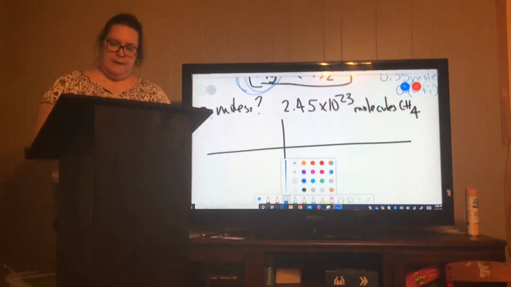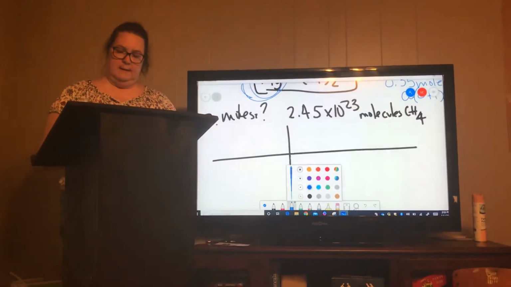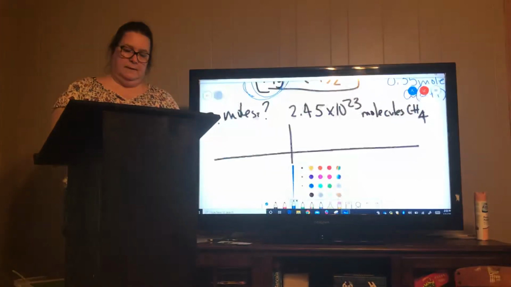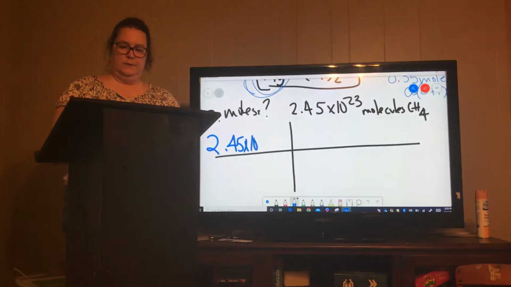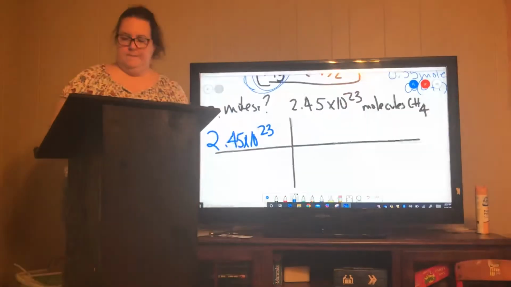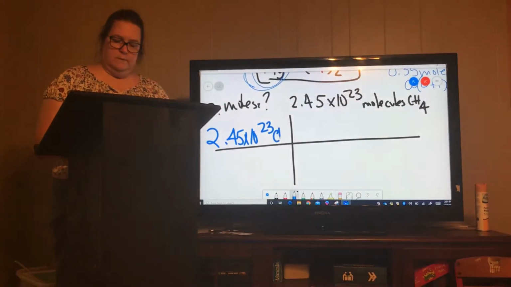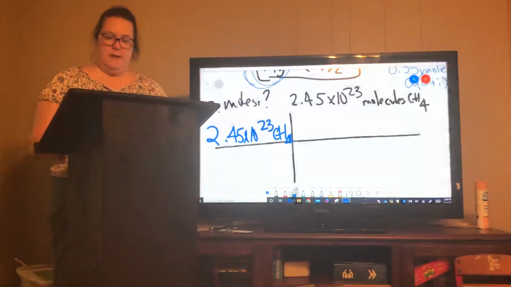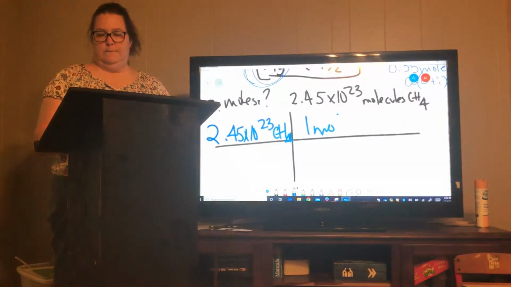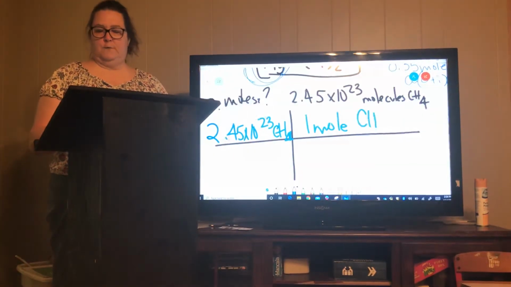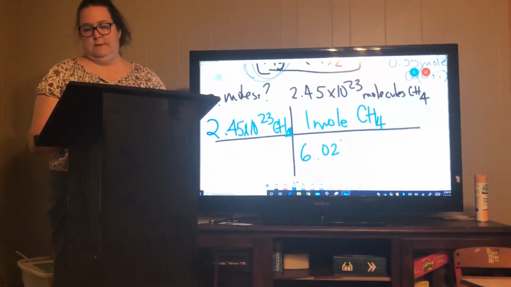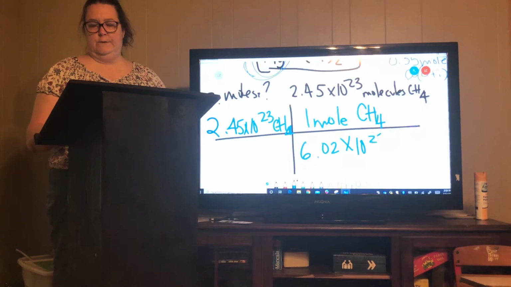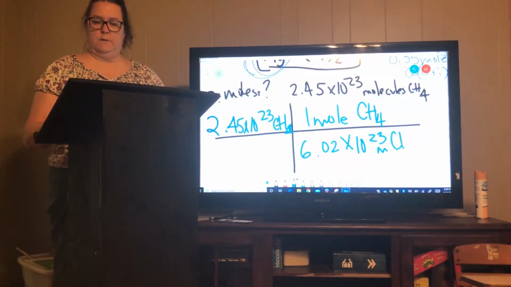I know that they give me 2.45 times 10 to the 23rd, and that's of CH4. And I know 1 mole of CH4 is always 6.02 times 10 to the 23rd molecules of CH4.